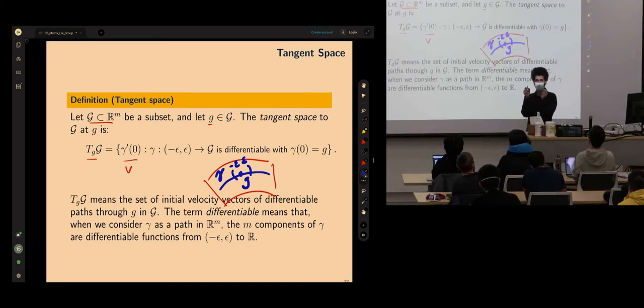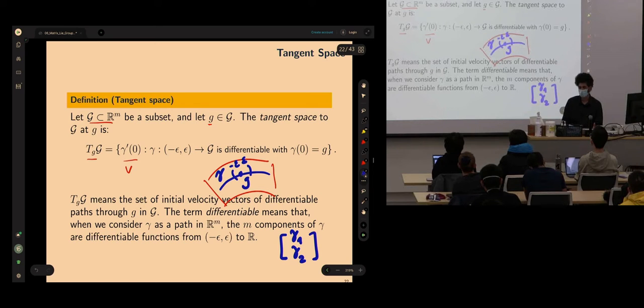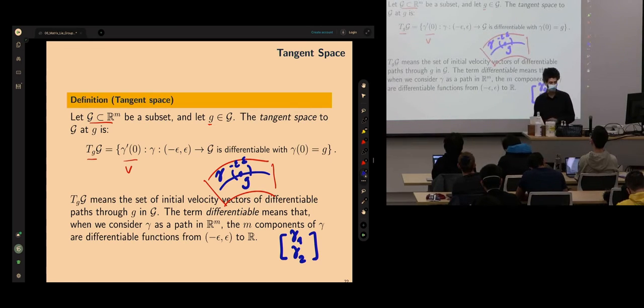Within that small neighborhood of that point, I want this path to be smooth, differentiable, in the sense that if you have two entries to parameterize this curve, I want them to be differentiable in the sense of usual real calculus. You can take the derivative, you can work with them without facing any problem.